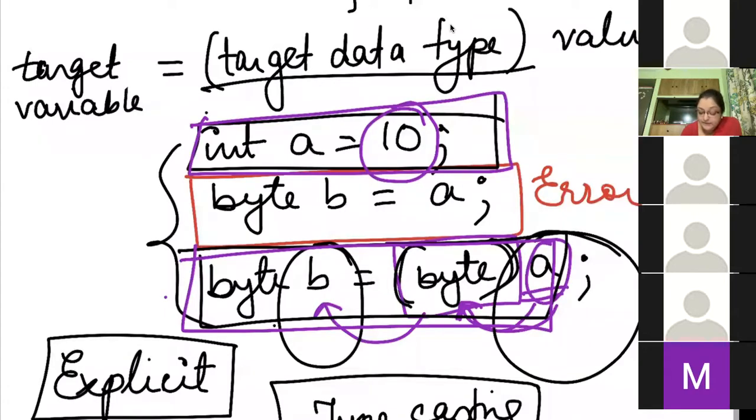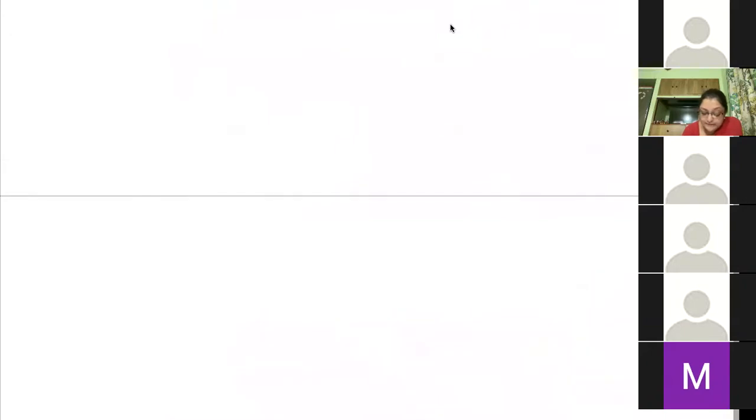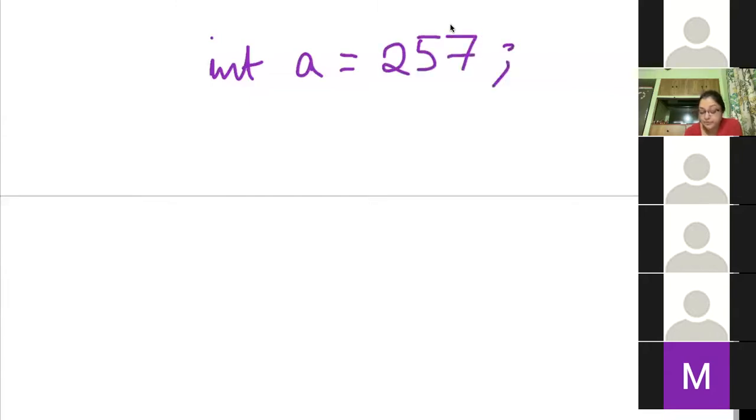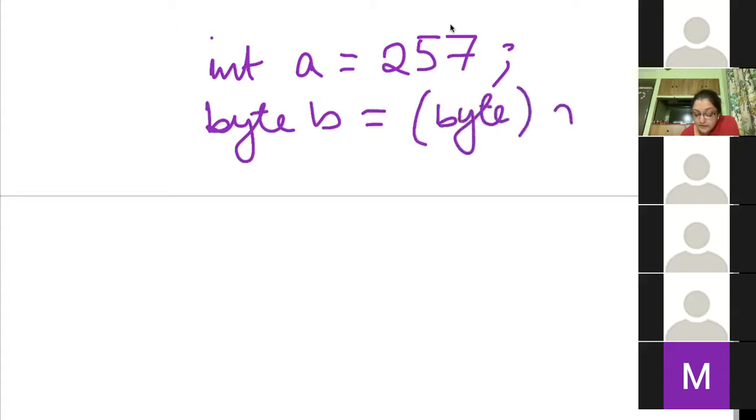But what happens if I have int a is 257, just one more, and then byte b is byte a. So we have explicitly converted a to byte and stored this value.